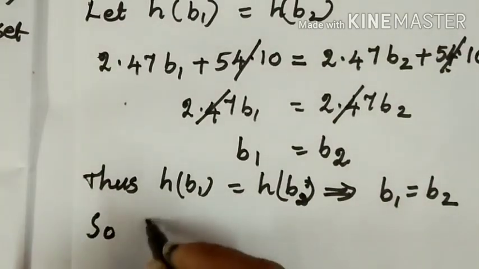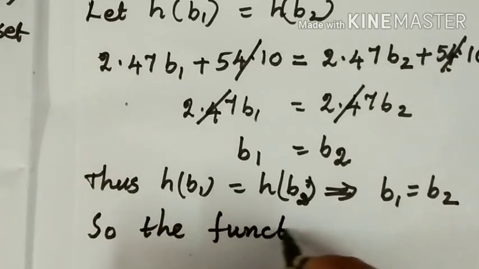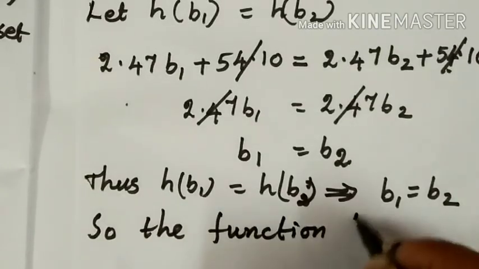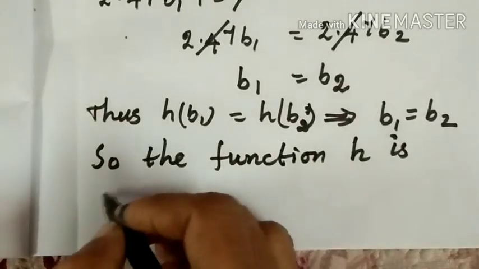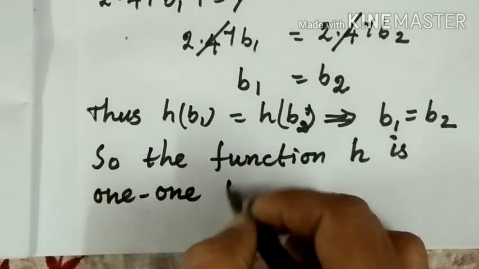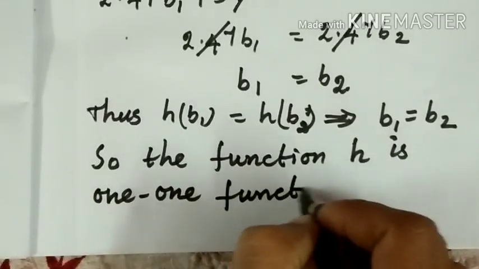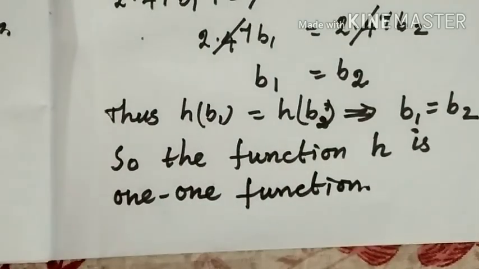So the function h is 1-1 function. This is the answer for the first subdivision.